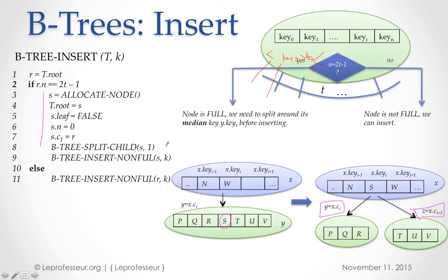Then this procedure splits the child of its parent, so this node gets split, and then you insert the key k into the non-full node. So this becomes the non-full node, the new node, and now you insert over here.